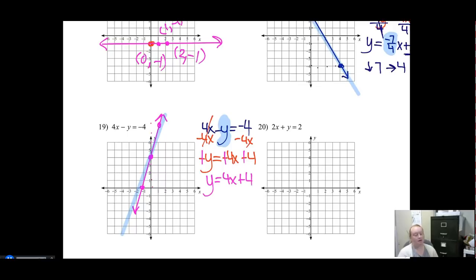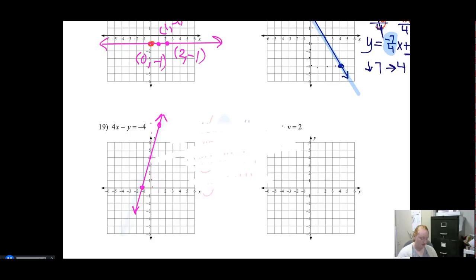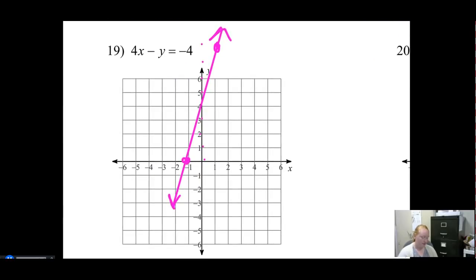There's another way I could do this. I'm going to erase so that I have space. You do not erase on your paper. Some of my kids like to go through and add y to the other side.